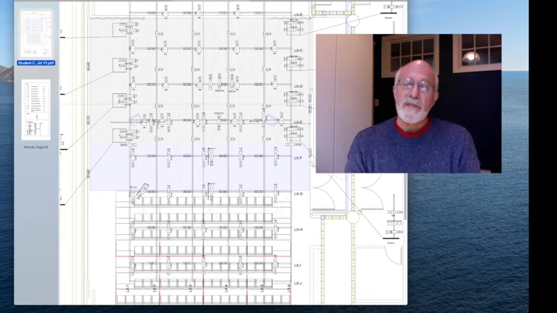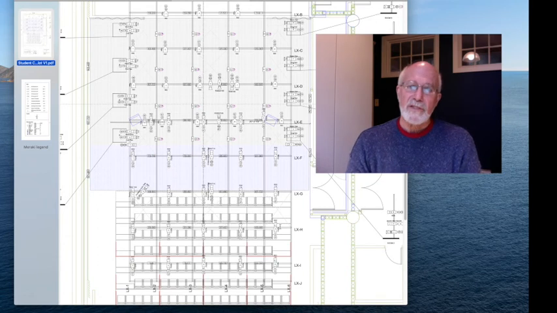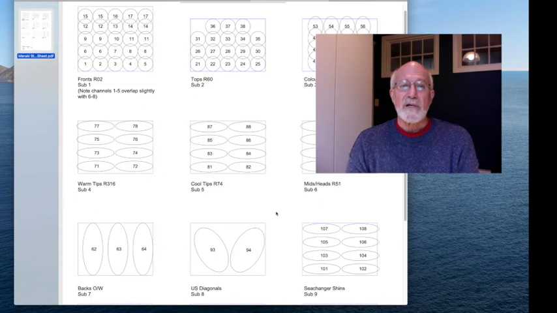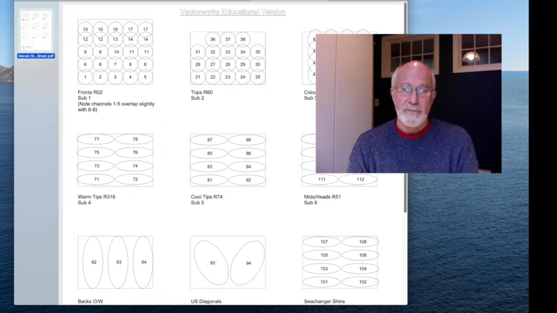So the circuits, and therefore the access to the dimmers, is arbitrarily and evenly spread all over the room like this.